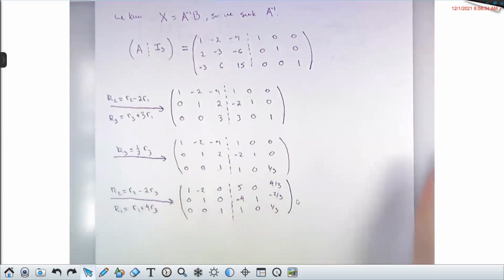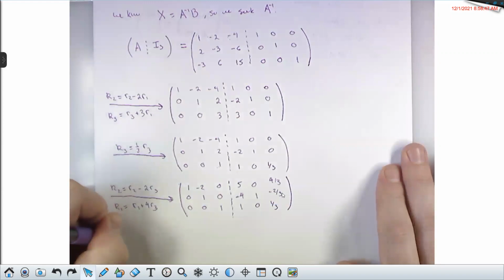And now we're almost done. Just have to get rid of this 2. And I'll do that by adding 2 times row 2 to row 1. In other words, my new row 1 will be my old row 1 plus 2 times my old row 2.